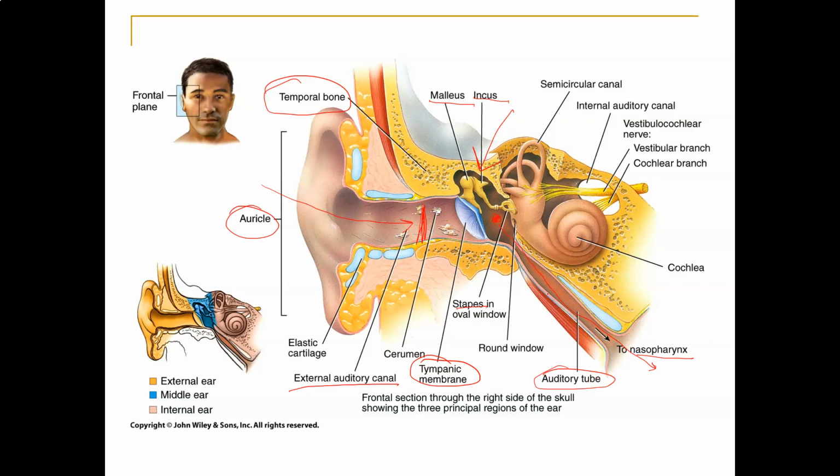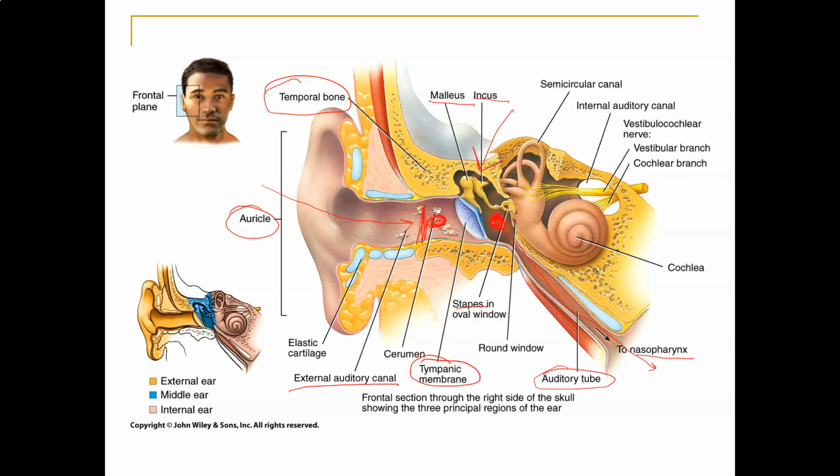And it helps equalize air pressure on either side of your tympanic membrane, because there's air in here in the middle ear, and there's of course air out here in the external auditory canal, and if the pressure is too different, it can put pressure on your tympanic membrane, and it can even be quite painful. If you've ever been, for example, on a plane where the cabin's not pressurized properly, it can be very painful for your tympanic membrane. So having this auditory tube helps you equalize air pressure on either side of your eardrum.